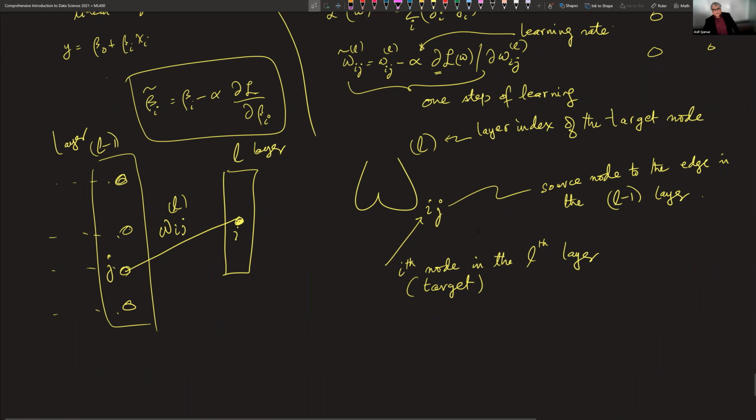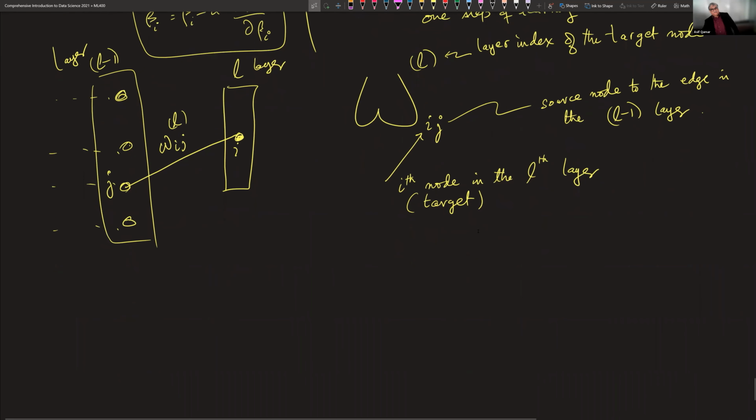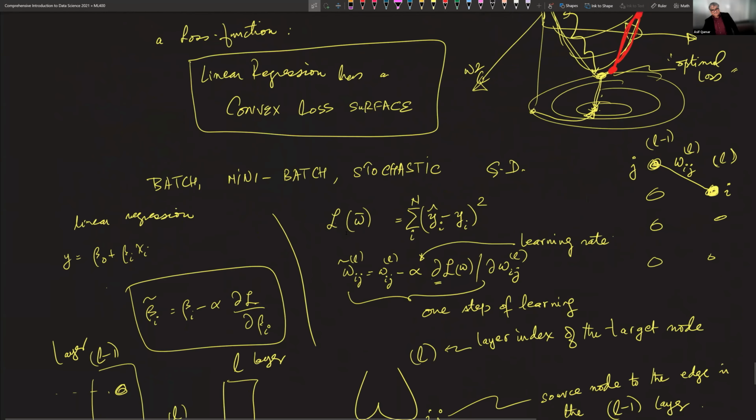But one question that remains is, when you compute the loss, over how many points are we computing the loss? What are we learning from? There are two extreme ways of doing it. Let's say that your data set is huge, humongous. It's 1 million data points.